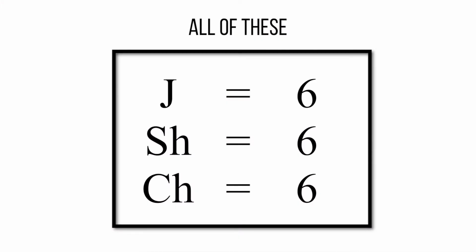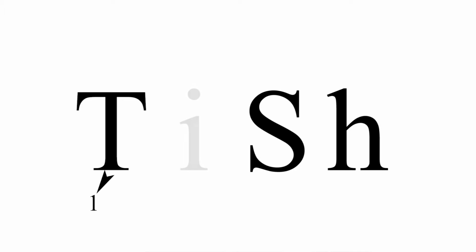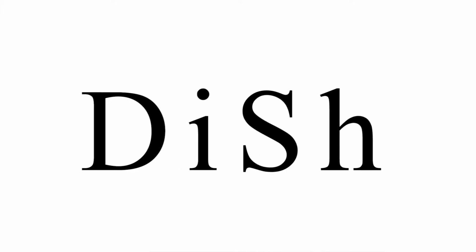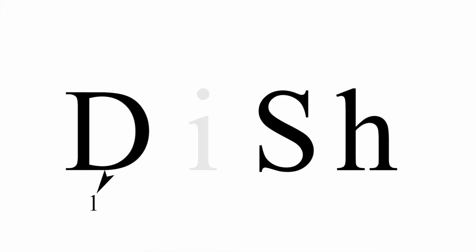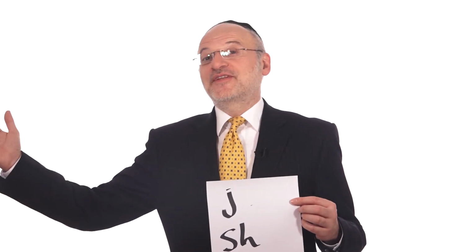So for example, if you look at the word tish, if you're Hasidish, T is 1, SH is 6. Oh, tish is 16. You could use dish. D is 1, SH, 6. Oh, it's also 16. Very good. We're not going to do 61, which would be sheet, for example, because we're only going up to 50 prakim.